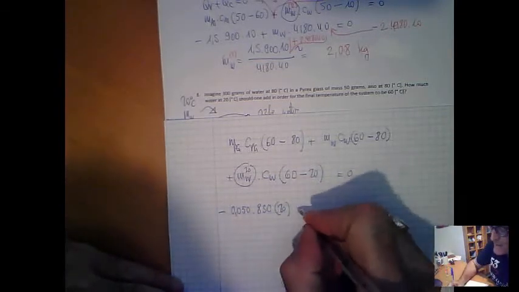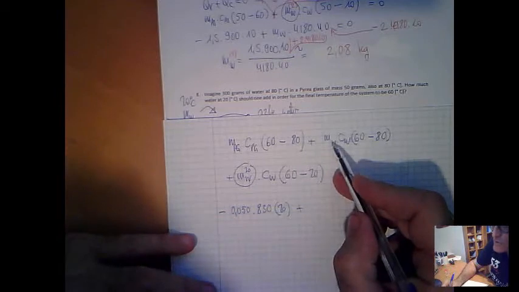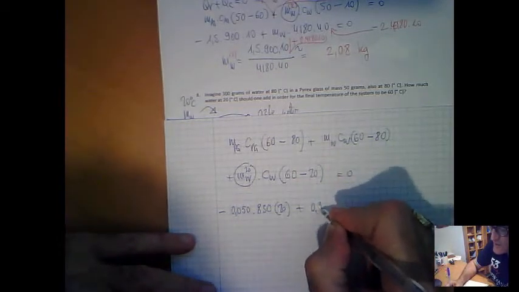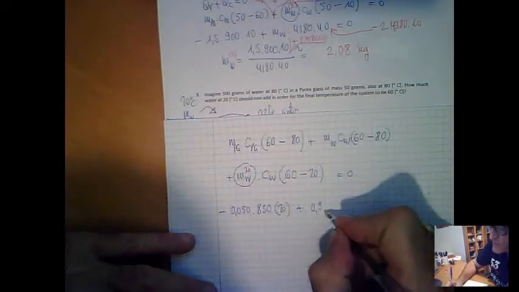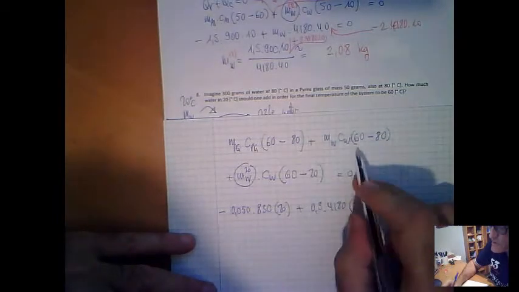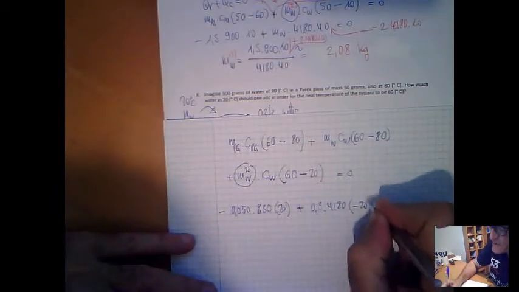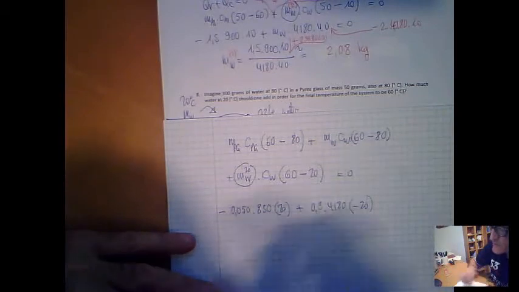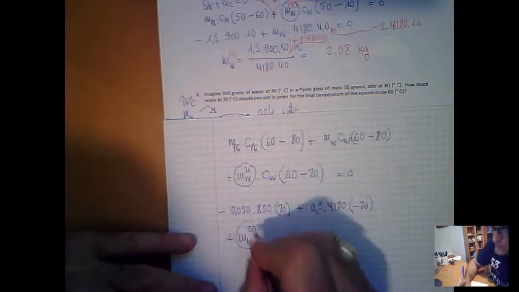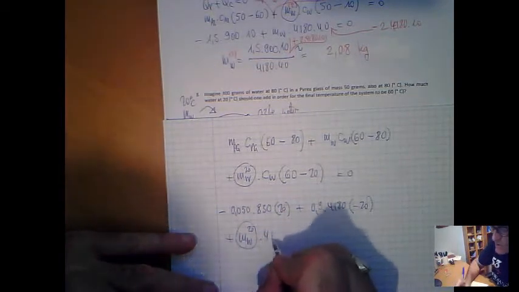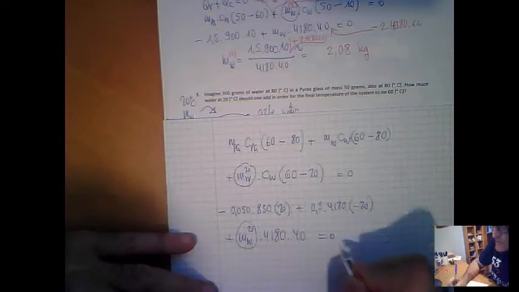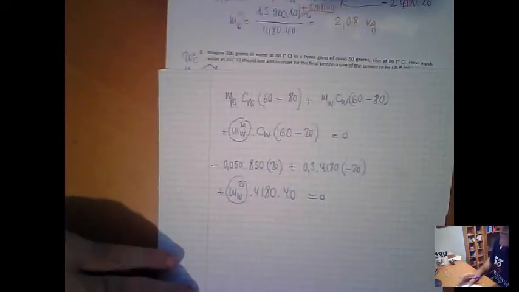And then this mass of the water, we know it's the water which was inside the Pyrex. It's 0.3 kilos, 300 grams, times the C of the water, 4,180, times 60 minus 80, minus 20. And then we have plus this mass of the water 20, which is our unknown, times 4,180 times 40, and all this should be 0.